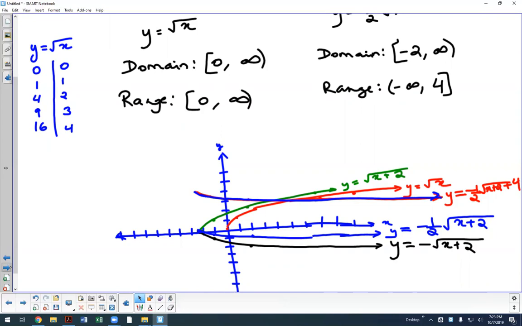So what did we notice here in terms of our transformations that affected our domain and range? The horizontal translation affects the domain and the vertical translation affects the range. Yeah, so in this specific example, the horizontal transformation dominated our domain change, right?